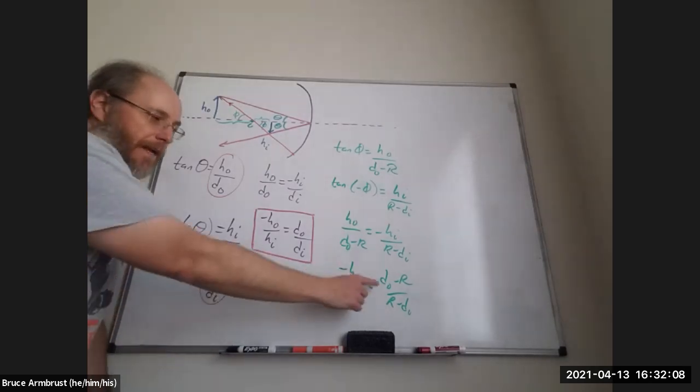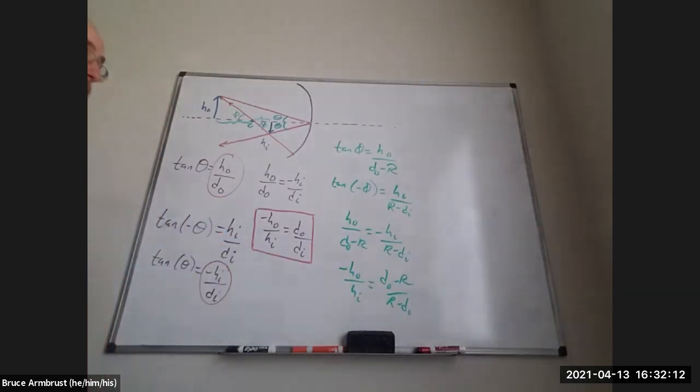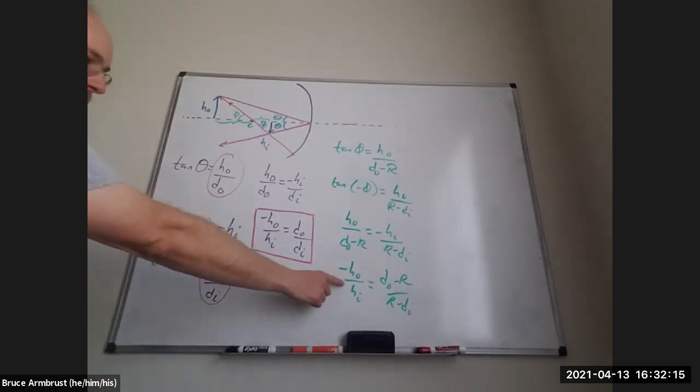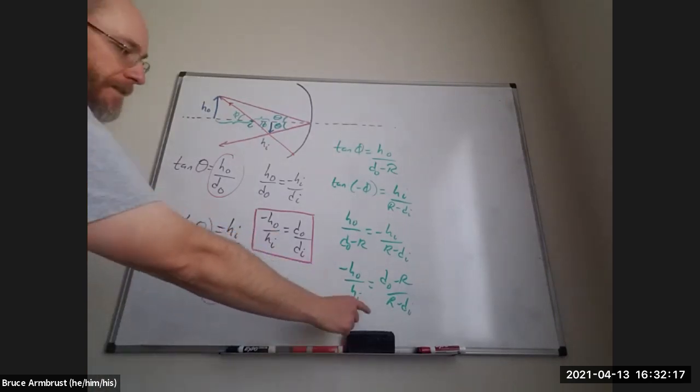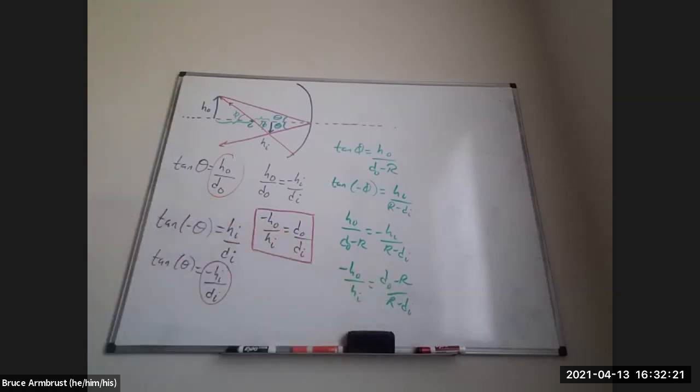Now, this guy, I'm not going to box it because on its own, it's pretty useless. I mean, it still is a thing of magnification, and it's still saying that it depends on the distances, but also now the radius of the circle. Okay, it's not as useful by itself.